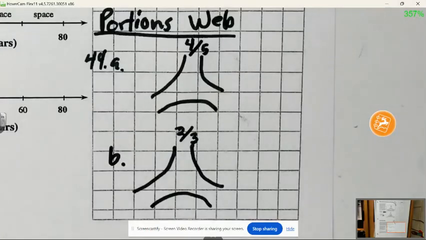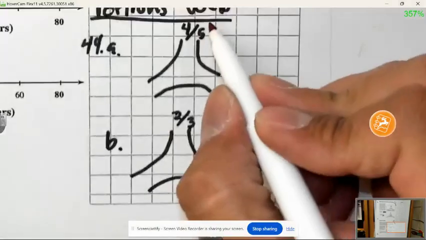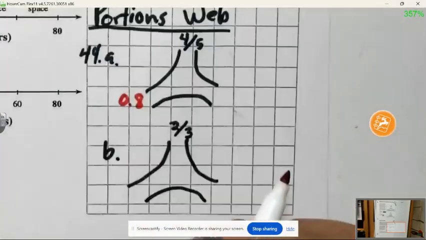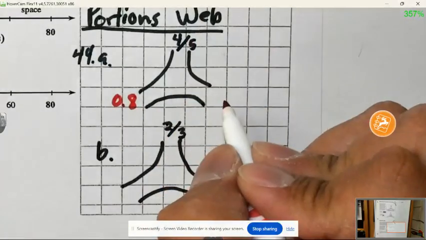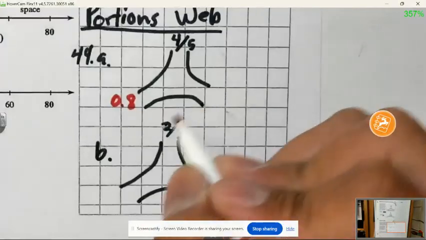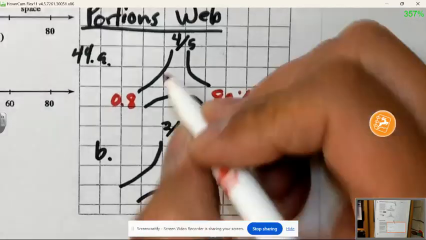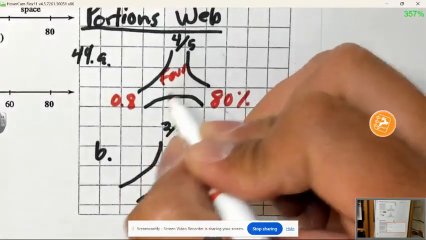Okay, so what you should have gotten so far is 4/5 as a decimal is 8/10. 4/5 as a percent is 80%. And we can just say 4/5.